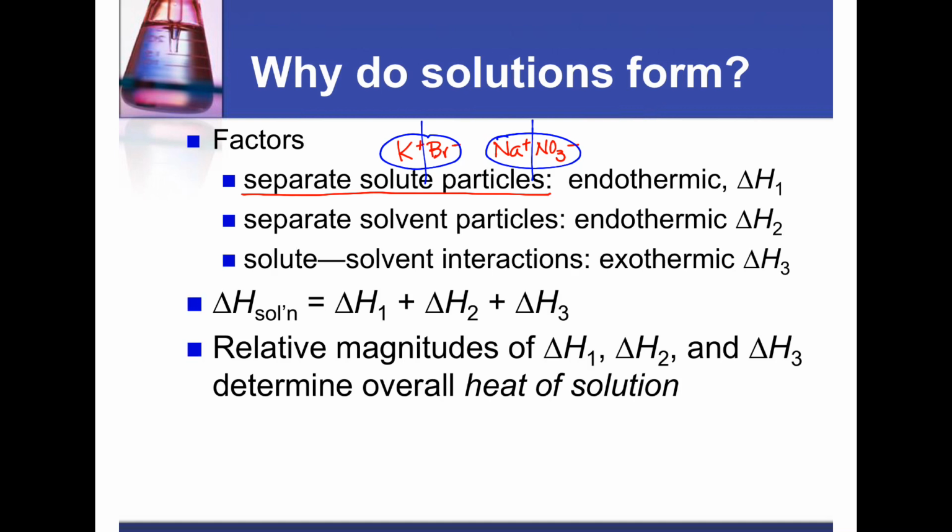The amount of energy that describes how attracted they are to each other is called the lattice energy. And lattice energy is actually defined as how much energy is given off when the ions can come together. We're talking about the opposite process there. We're talking about breaking them. But when we break them, it is endothermic. It requires energy. And so the delta H of that separating solute particles is related to the lattice energy.